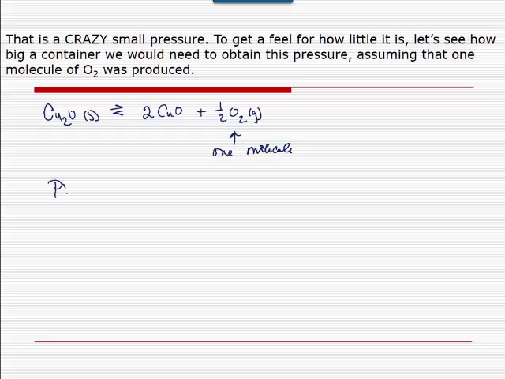Question is, how big of a container do I have to even produce one molecule? Well, let's use PV equals nRT. The pressure we established on the previous slide. What I want to know is what volume would get me that pressure if I only had one molecule. One molecule O2.